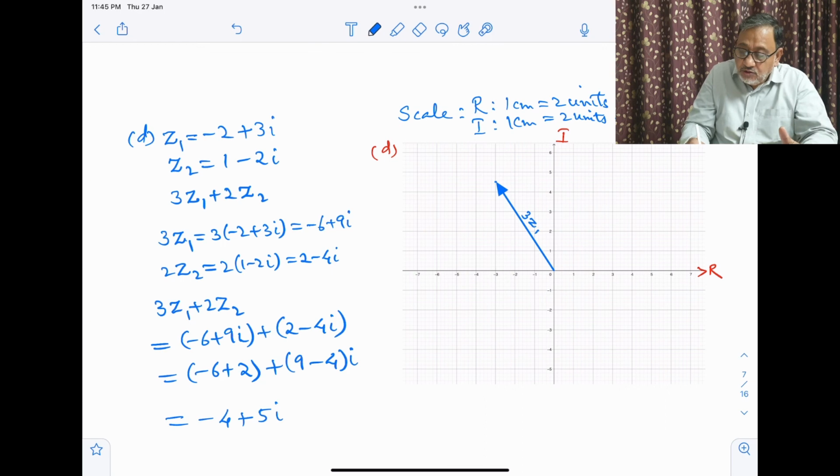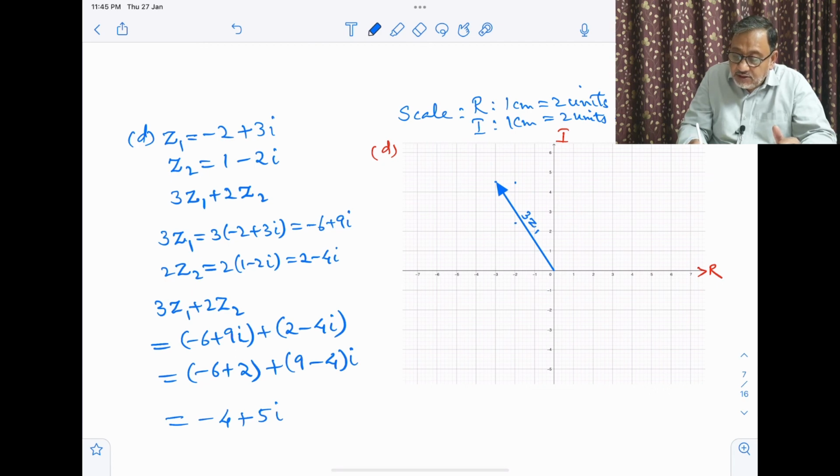So 1 unit to the right will be here. That means 1 centimeter, which is 2 units, and 2 centimeters down, which is 4 units. So from here 2 centimeters will be 2.5. So I will be at this position. Now it is correct. So this is my final position.